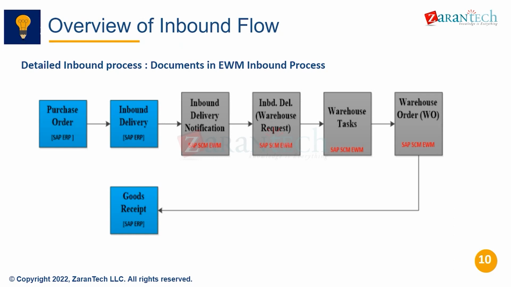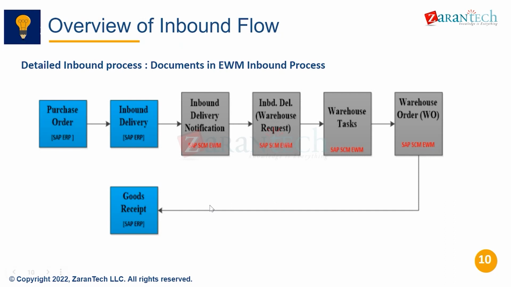Whatever quantity comes, we will do the GR for the complete quantity only. Yes, we will do the GR for the complete quantity, whatever we get for that delivery. Then once GR is completed, we will check the quality of that stock.